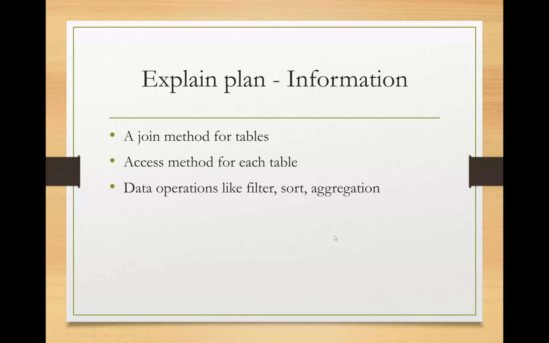When you run explain plan, it will tell you which join method is being used, the access method for each table, and the different operations, whether it is going for a sorting algorithm, aggregation, or filter, for the select statement. That's what explain plan will give you.